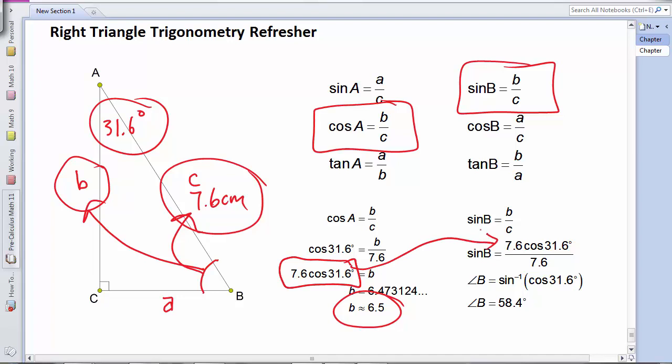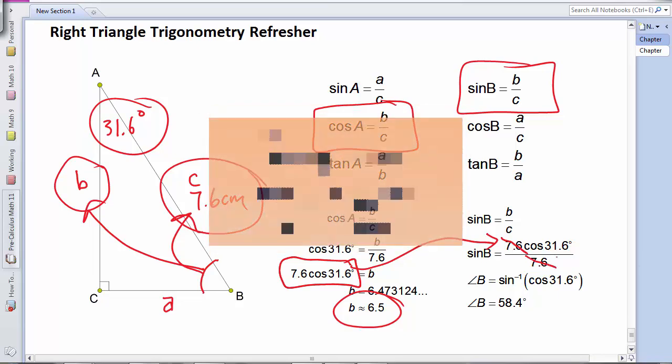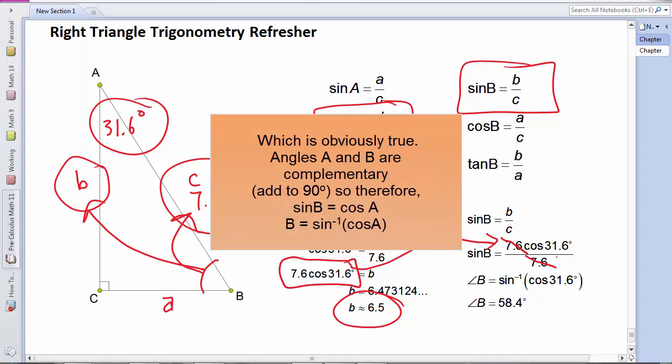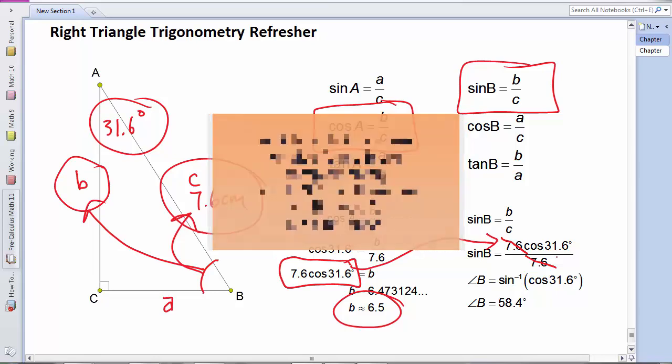Sine of B is 7.6 times the cosine of 31.6 degrees over 7.6. And the neat thing there is that the 7.6's cancel off, and so I've really got sine B is equal to the cosine of 31.6. Angle B, therefore, is the inverse sine of whatever the cosine of 31.6 is. Angle B is 58.4 degrees.